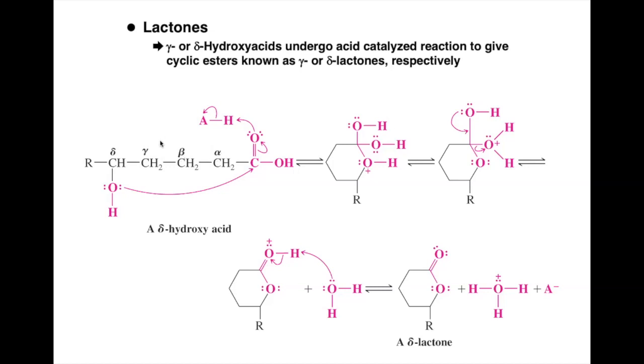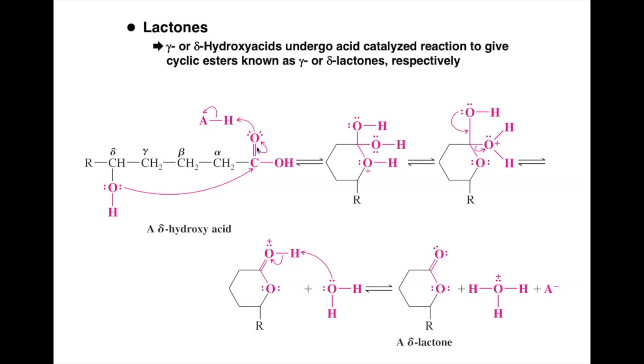Okay, so alpha, beta, gamma, so may delta tayo na OH group. So this will act as your nucleophile. And you have here the carboxylic group. No? And this is acid catalyzed.